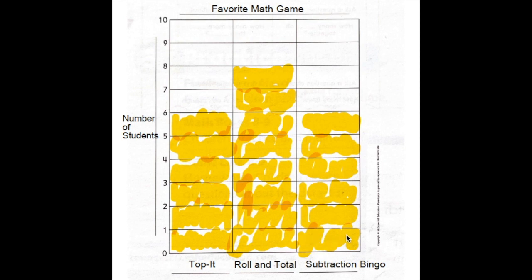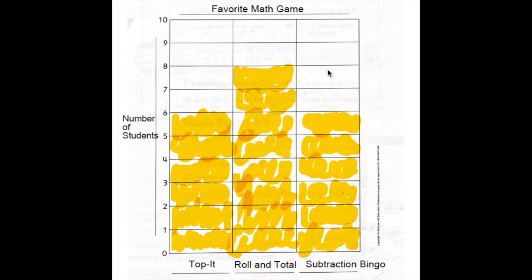Each box represents one student that voted. Can you find the answer? If you knew that 20 students voted all together, give yourself a pat on the back.